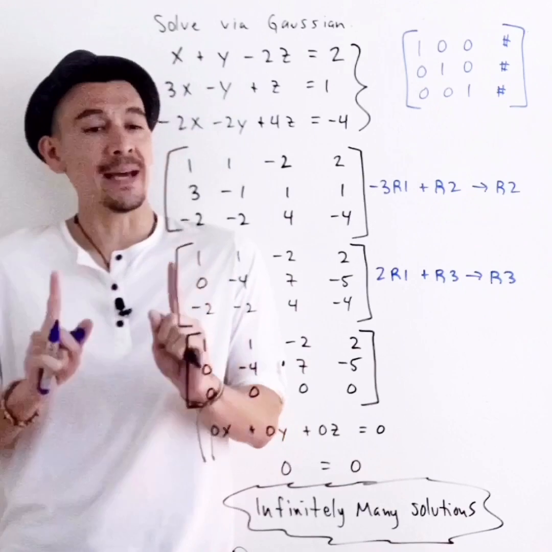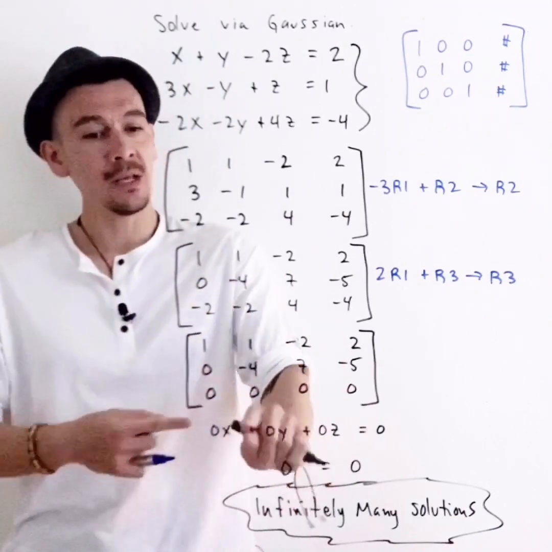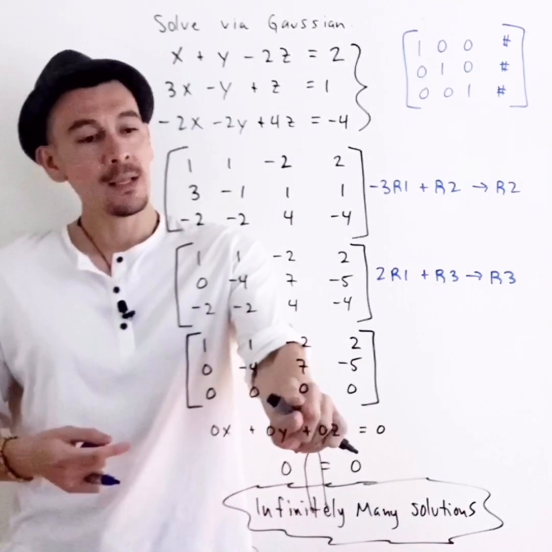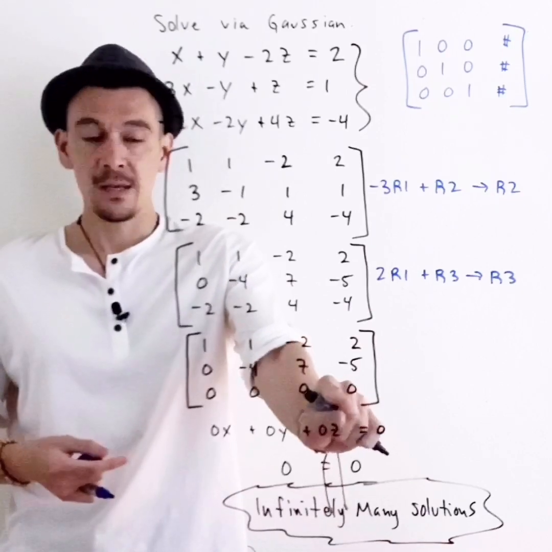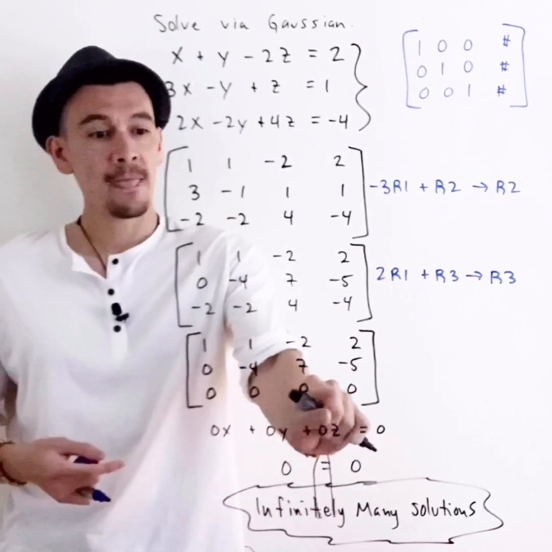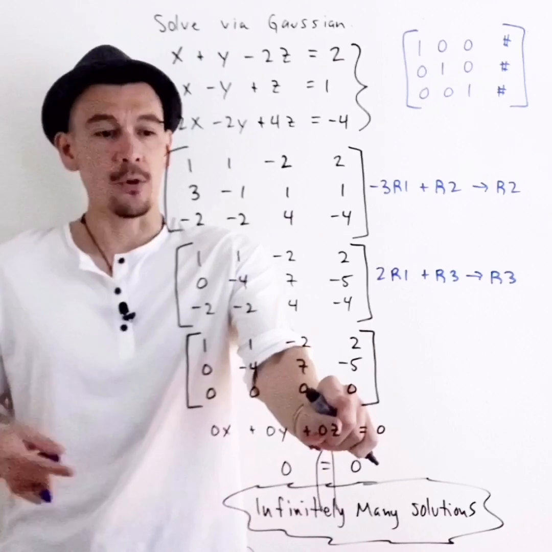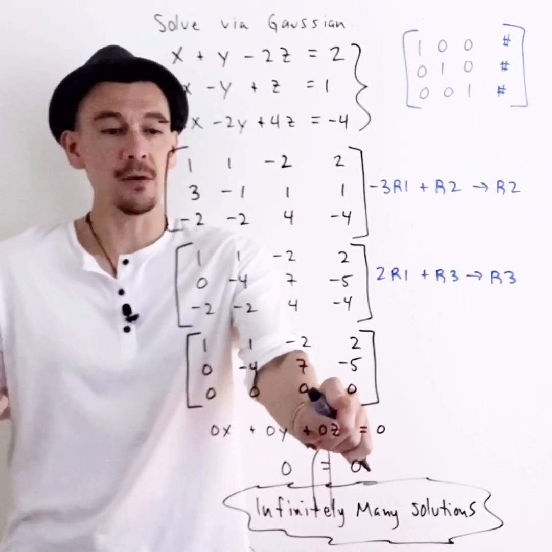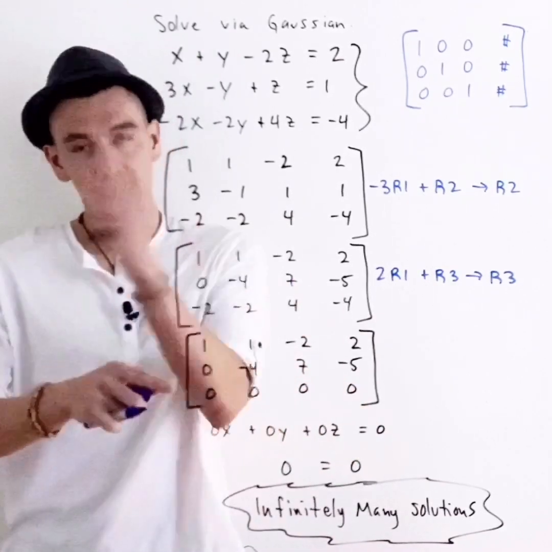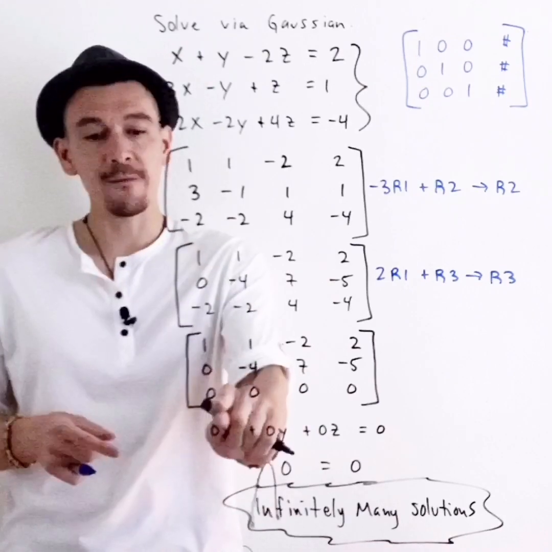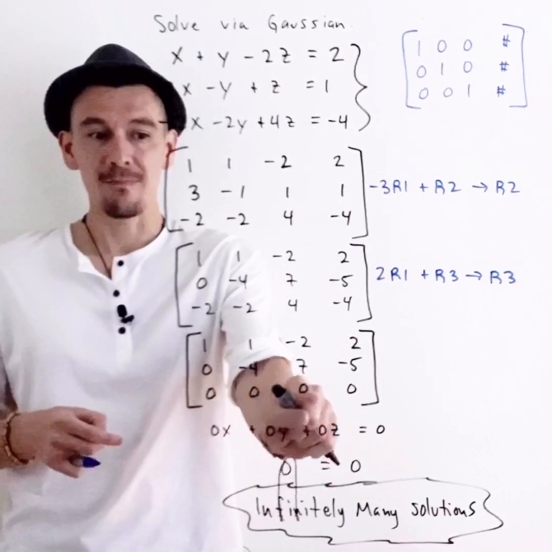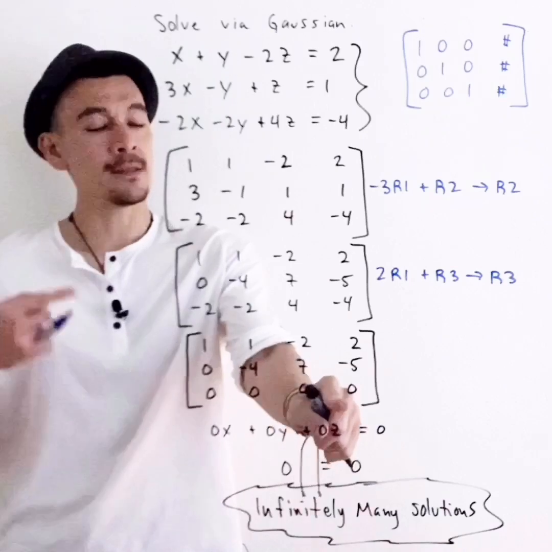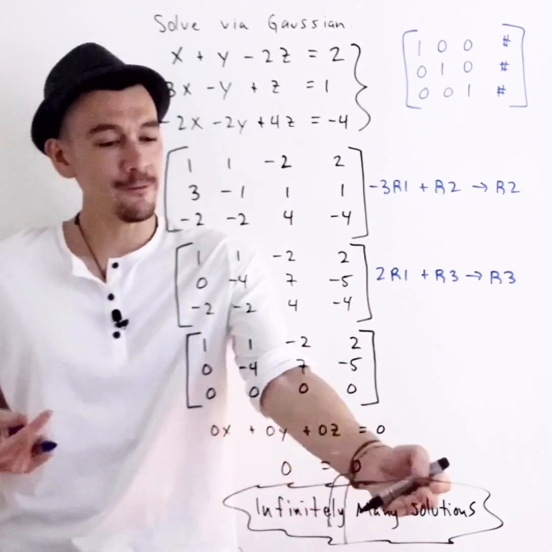So in the event that you run into a situation where it's 0, 0, 0, it all depends on what this is. If these are all zeros, and this is like a 4 or a -3 or something that's not 0, then it would be no solution, like the previous problem. But if this is 0, 0, 0, and this is also 0, then the conclusion of the matter is infinitely many solutions.